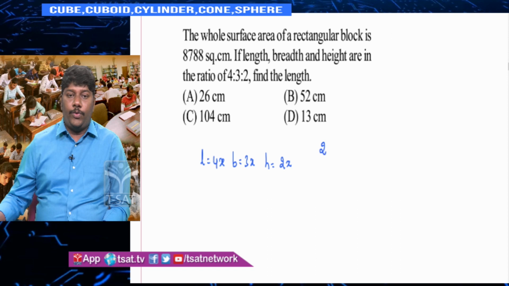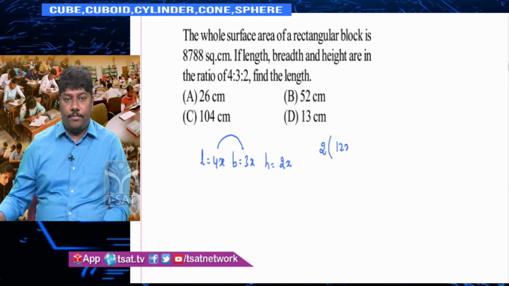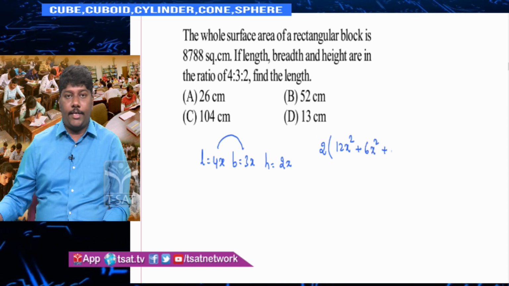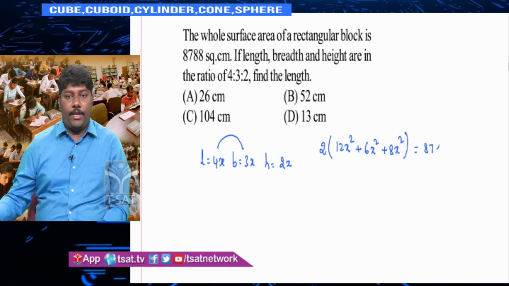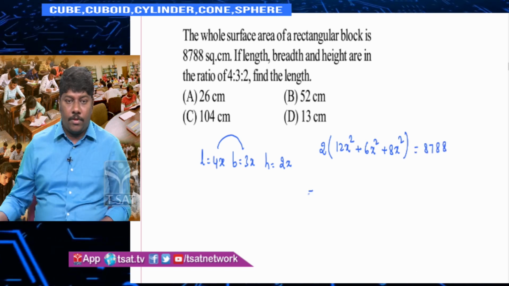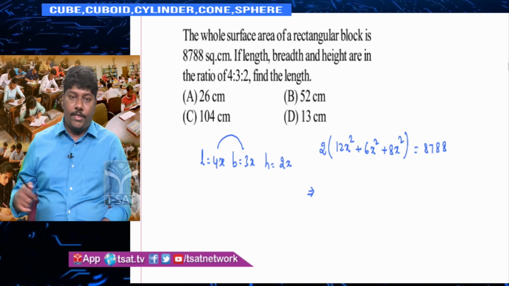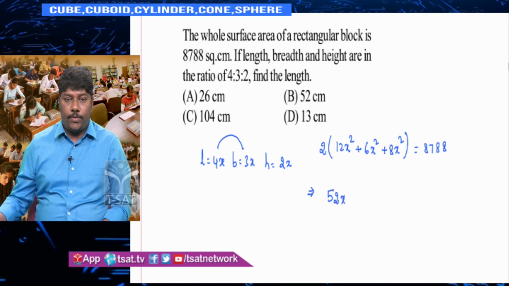Surface area becomes 2 into (4 times 3 is 12x square, 3 times 2 is 6x square, 4 times 2 is 8x square) equals 8788. Now the whole thing becomes 12 plus 6 is 18, plus 8 is 26, therefore it becomes 52x square.